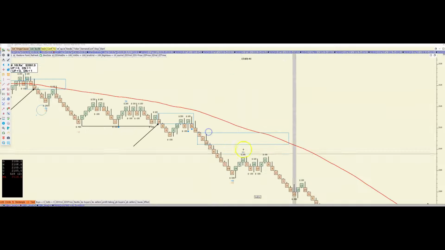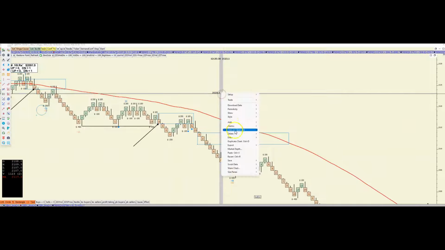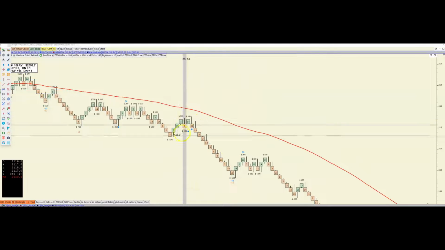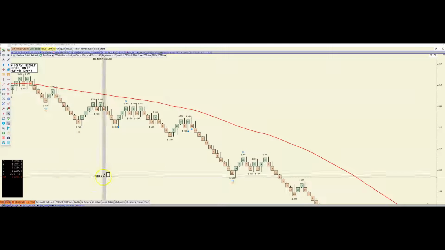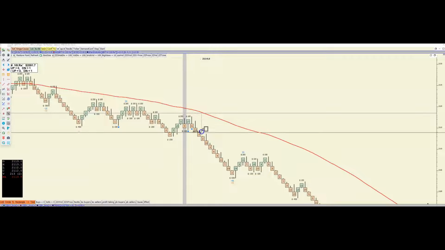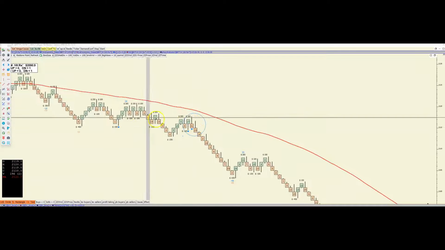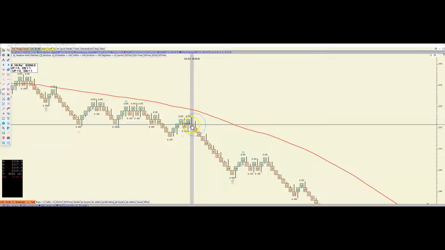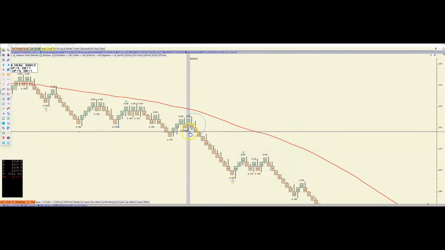Where were the opportunities? There was a very clear opportunity right here. This is when the pressure is just hammering. It goes down, tries to go up, goes right back down, and bang.